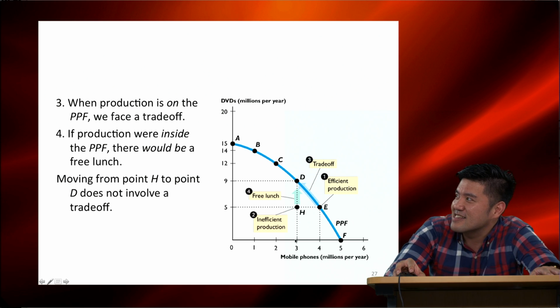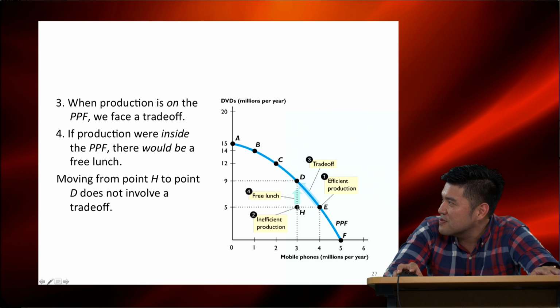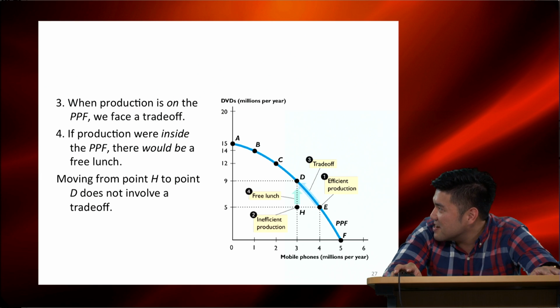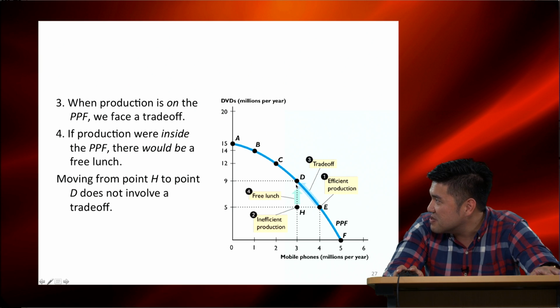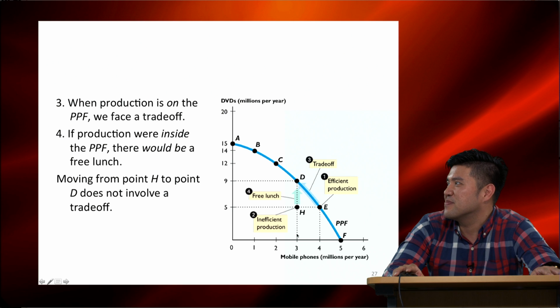Is that clear, guys? That's why we call this an inefficient point. You are being inefficient in utilizing your resources. You could have done better, right? You could have got a free lunch here. That is to say, you can gain more DVDs without actually giving up mobile phones.